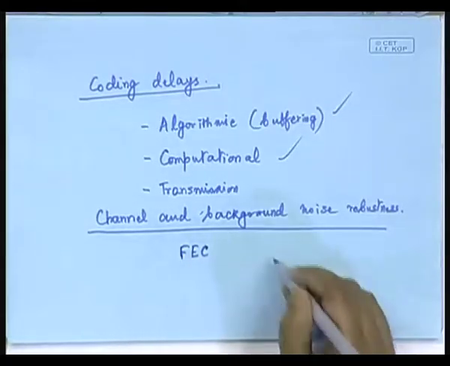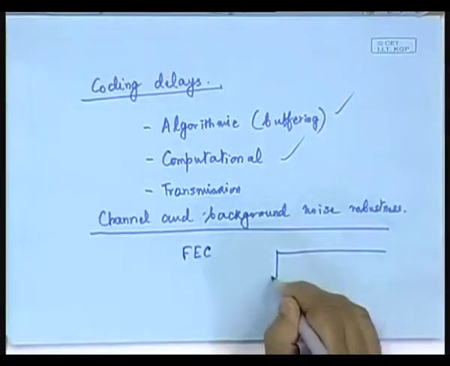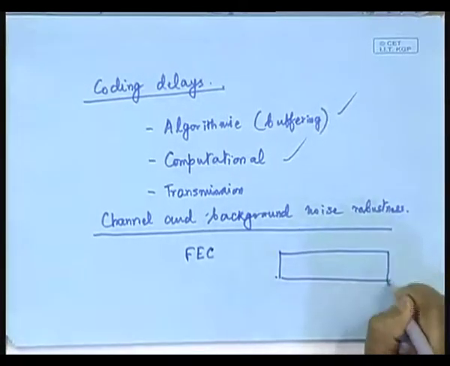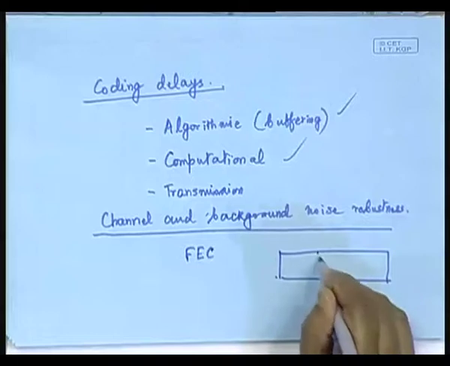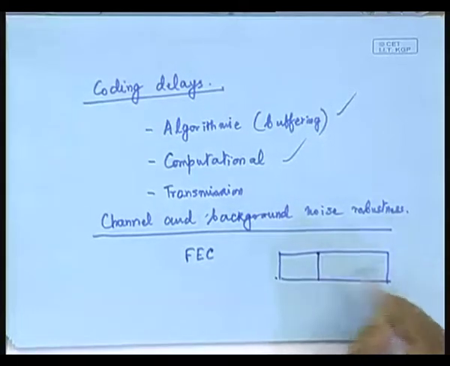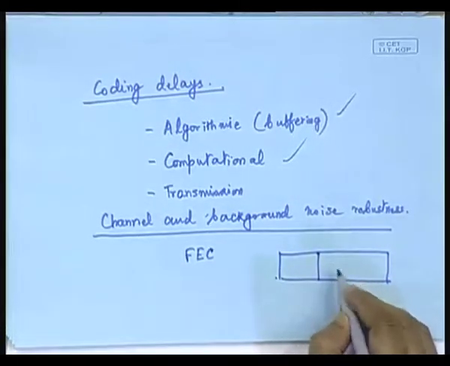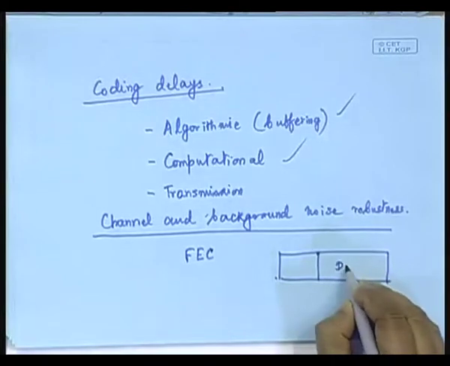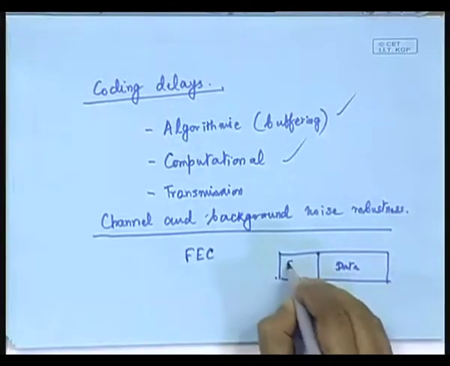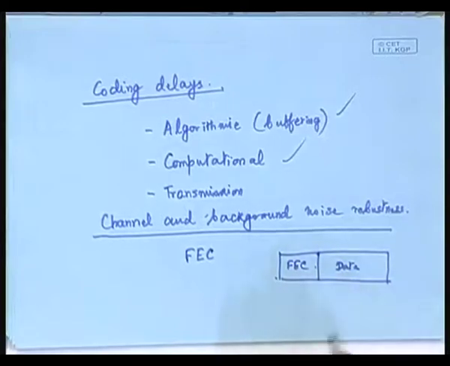So, FEC requires a substantial fraction of the bit stream. If your actual data bit stream or the speech samples take this much, your FEC may be taking this much.